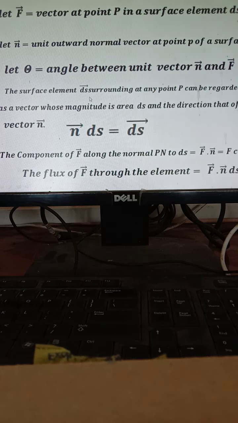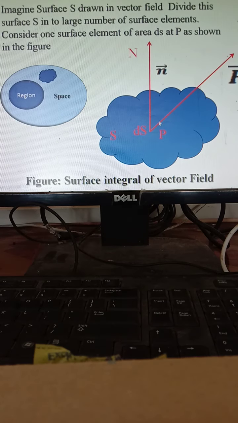The surface element ds surrounding the point P can be regarded as a vector whose magnitude is the area ds and whose direction is that of the vector n. Now, the component of the force F along the normal: why are we going to take the component?